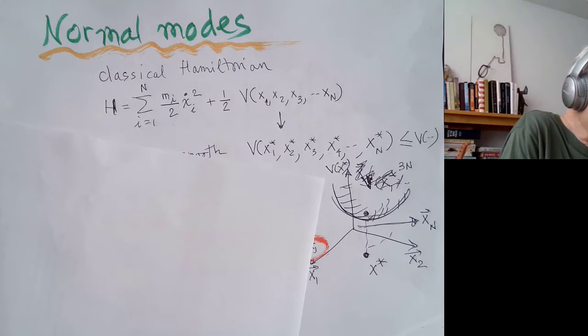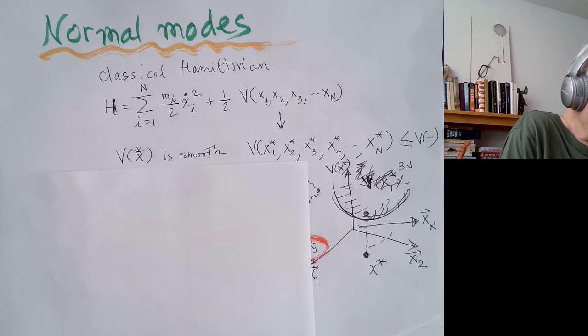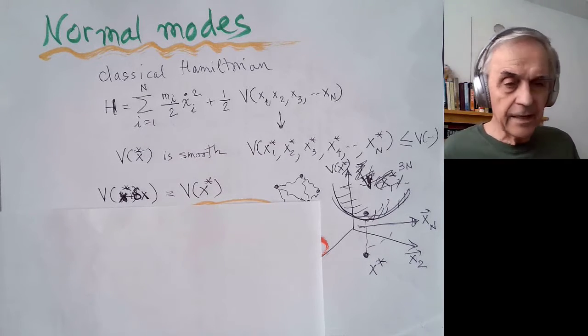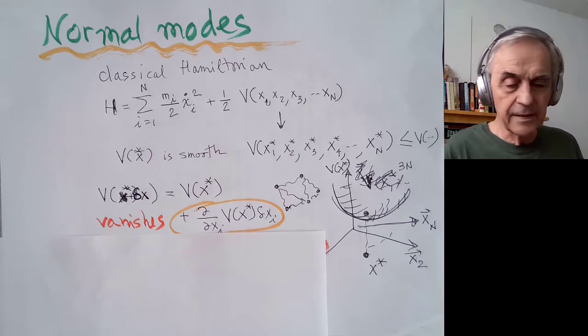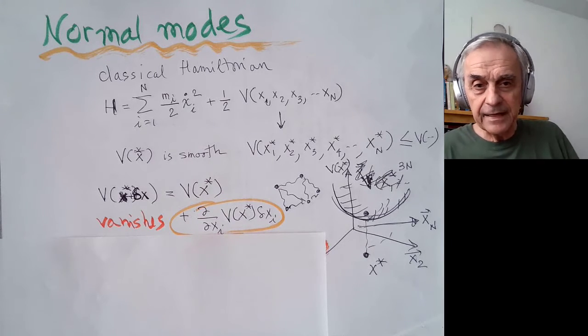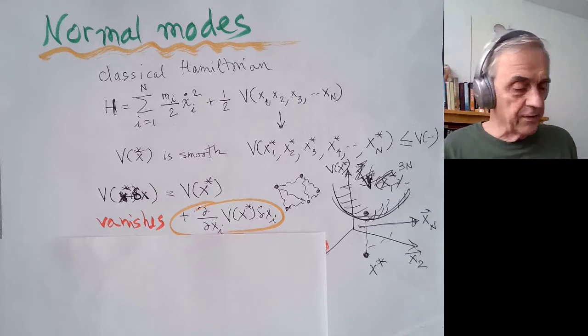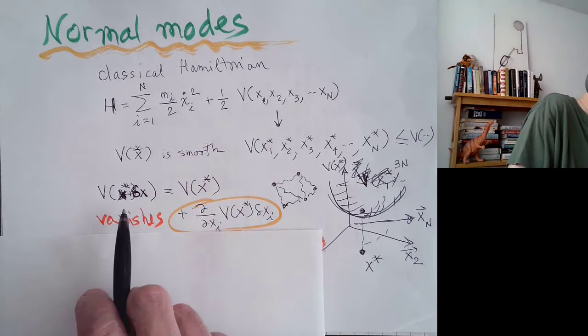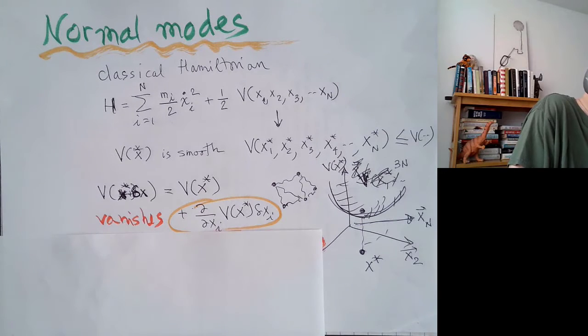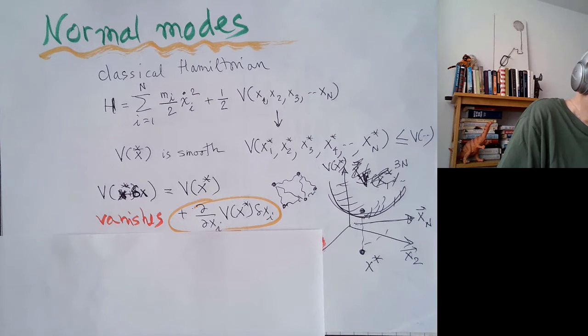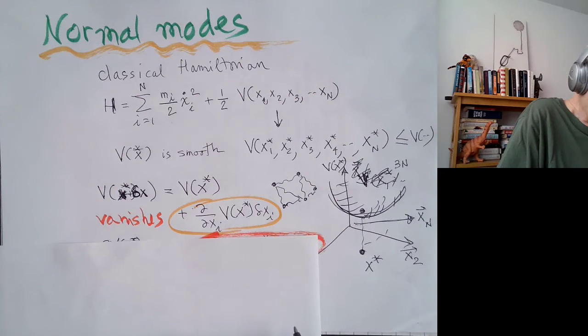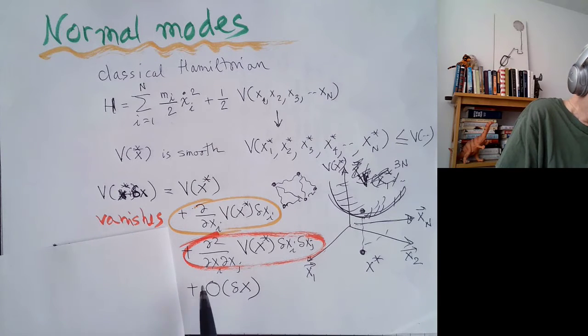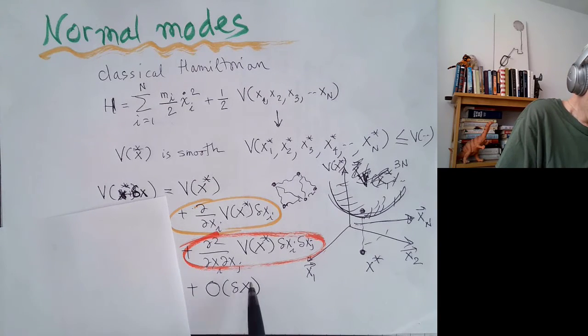We assume that P of x is smooth. If we change x a little bit, we find ourselves in a slightly different location, but not discontinuously different. So if you add a little perturbation to this, then you can think of the value at the minimum plus, and we just do a multi-variable Taylor expansion, a second derivative, plus a higher order term in delta x, which we will neglect.